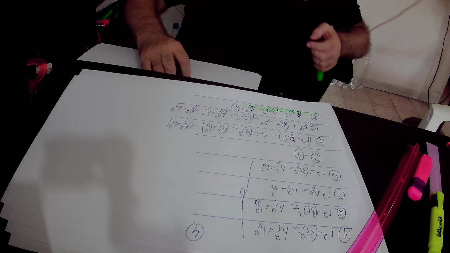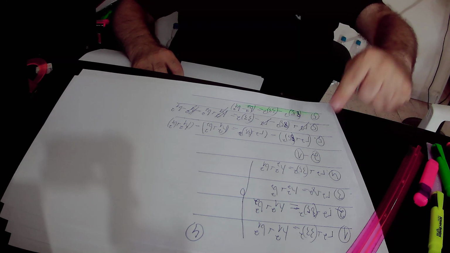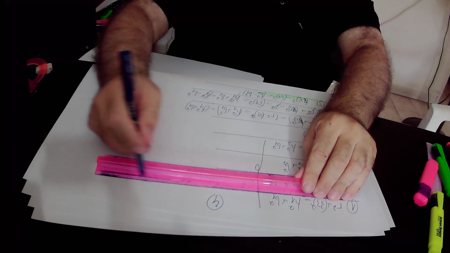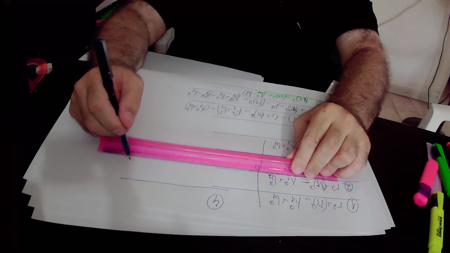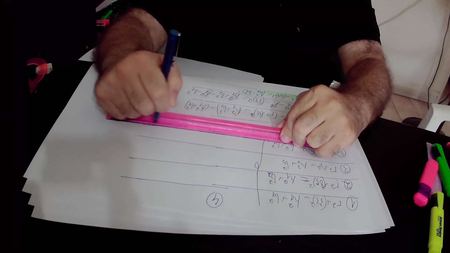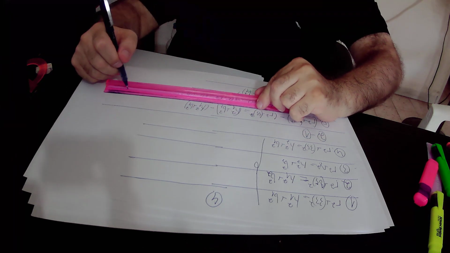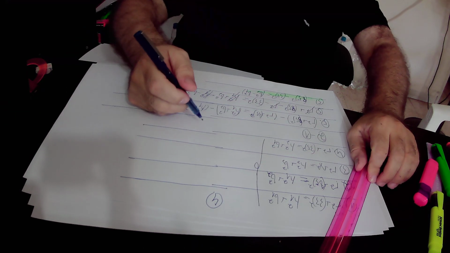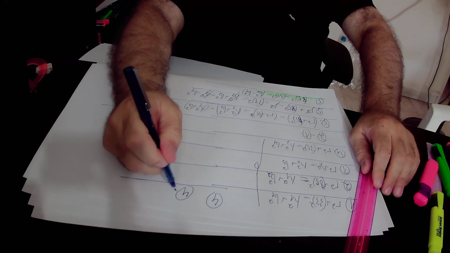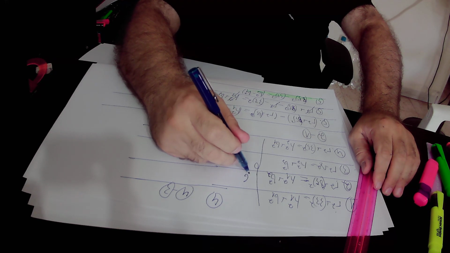Okay. So in the next step, we subtract equation number 3 from equation number 4. This way we create equation number 6. Again, we have equation number 4 minus equation number 3.